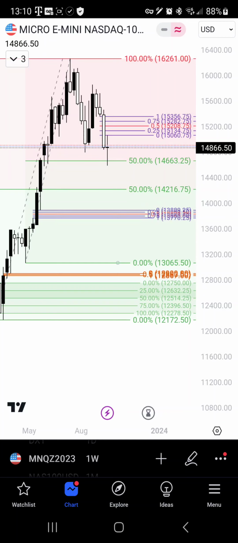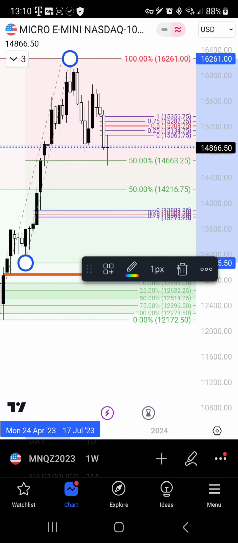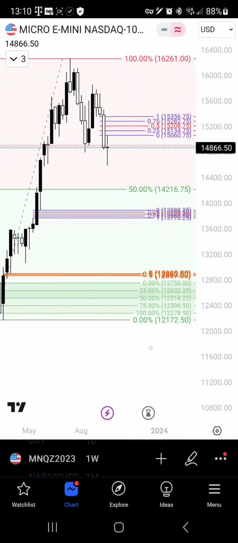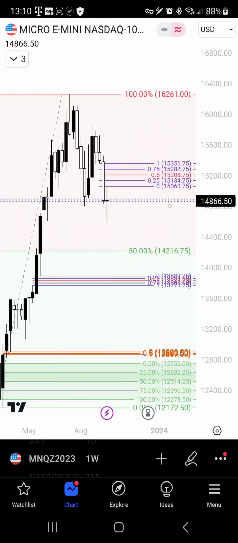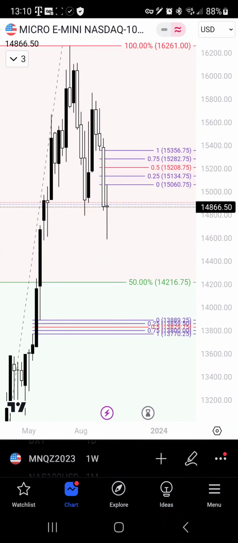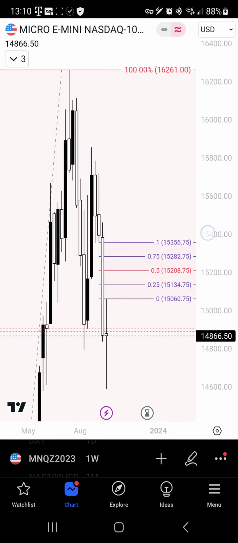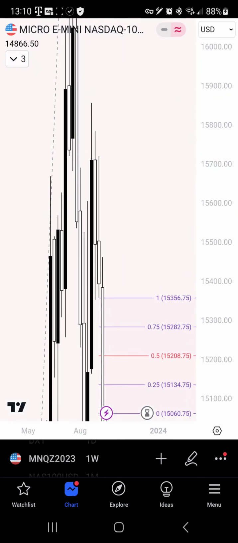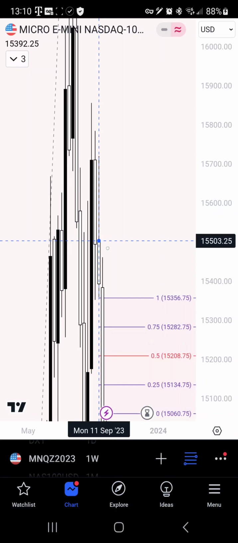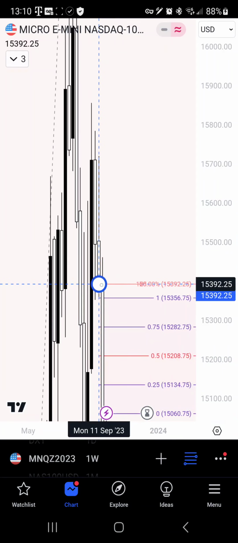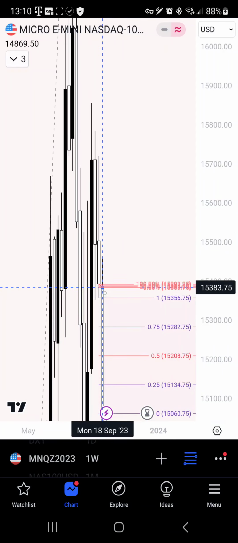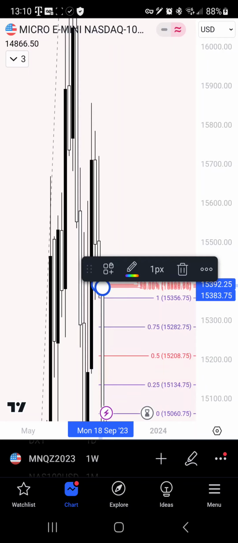Okay, so what I'm thinking, again, price could very possibly come into that FVG to head down. This kind of looks like a volume imbalance. Yeah. It could come up to this volume imbalance and head down as well. Let's make sure that's on volume.